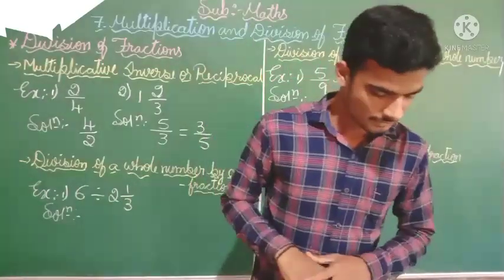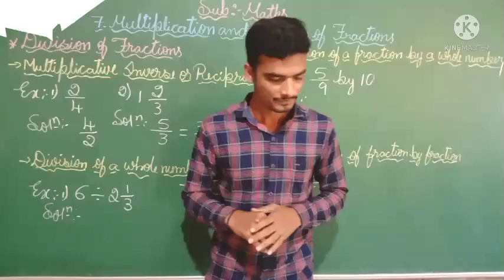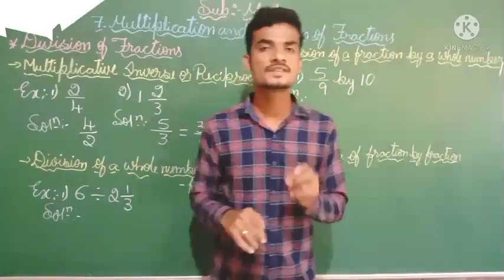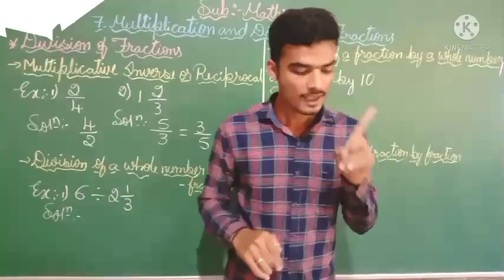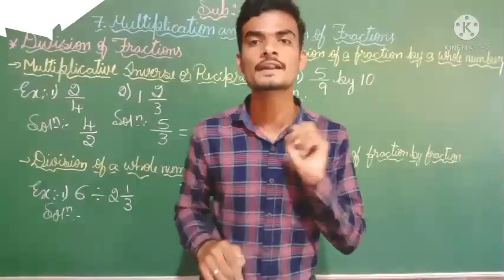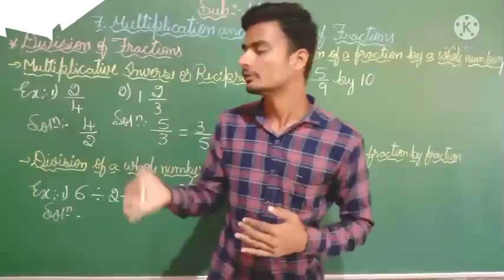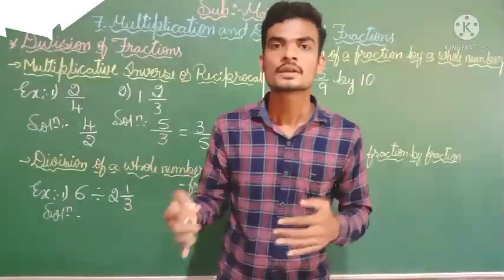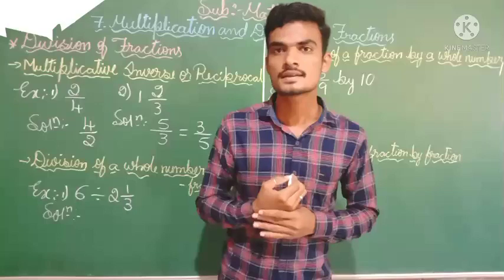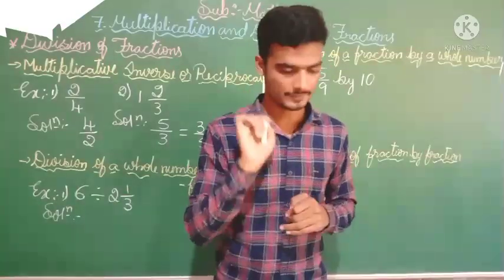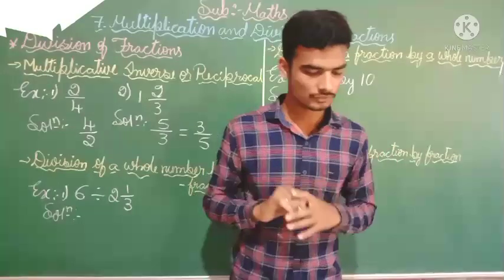Here are a few points you have to remember. The multiplicative inverse of a whole number except 0 will always have the numerator 1. So in any division problem, if a whole number arises, the denominator should always be 1. This you have to remember.